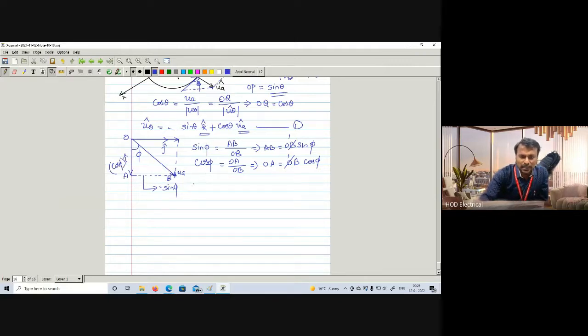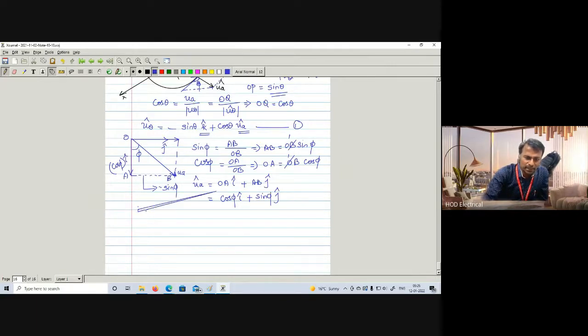Therefore, we can write UA gap equal to OA into i gap plus AB into j gap. What is OA? It is cos phi into i gap plus sine phi into j gap.